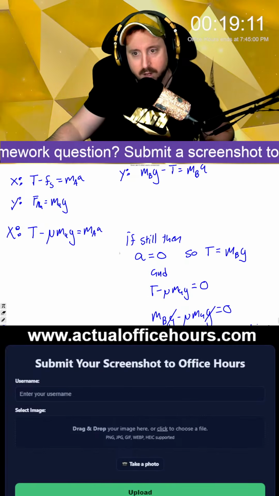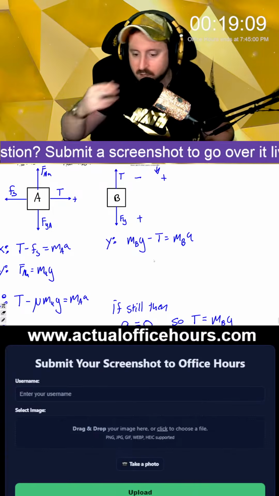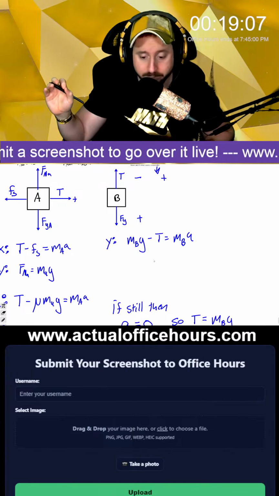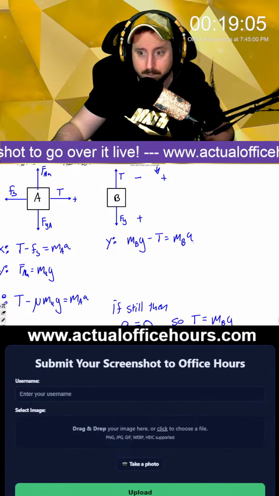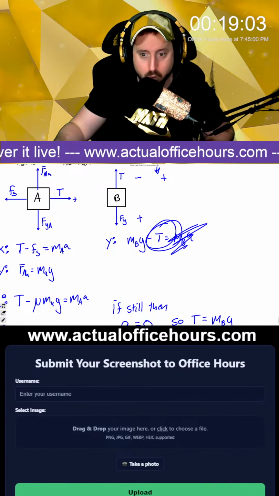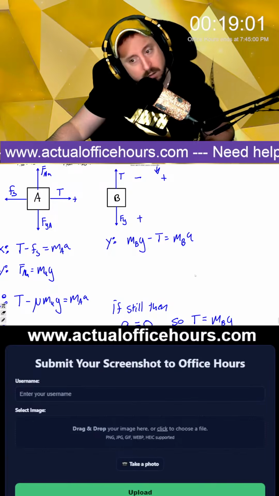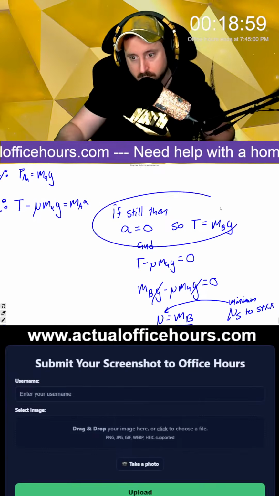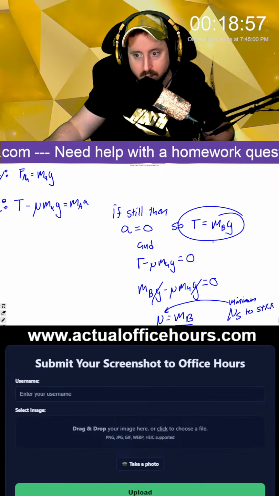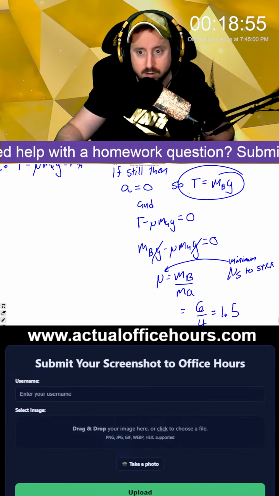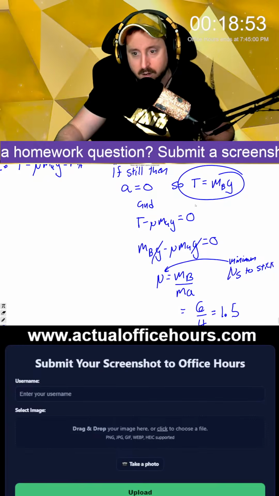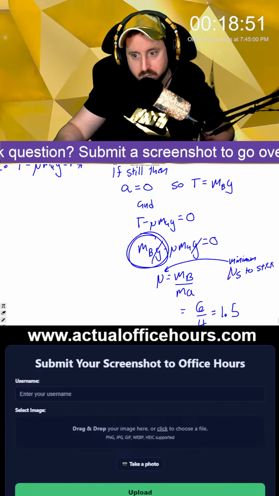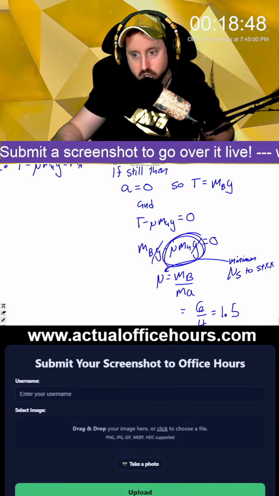And then I said, if this thing is stuck and acceleration is 0, then the tension in the rope has to equal M_B g. So I plugged this into the tension here, and that got M_B g minus mu M_A g equals 0.